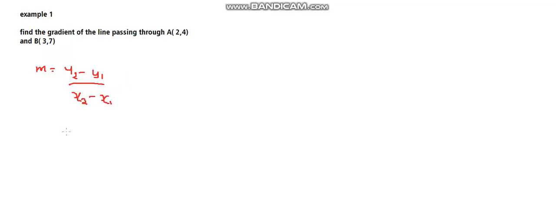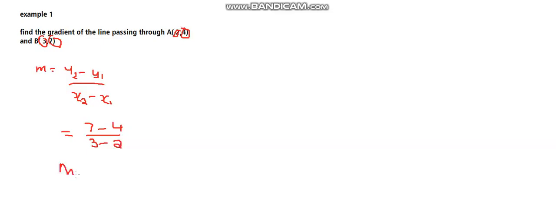So we look at the coordinates. y2 is 7, minus y1 which is 4, over x2 which is 3, minus x1 which is 2.